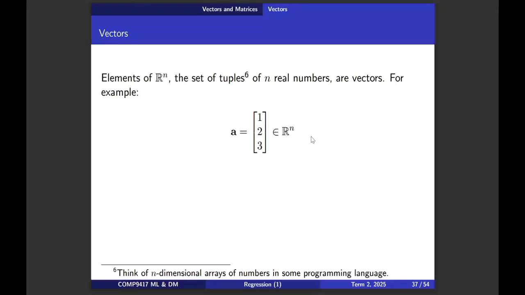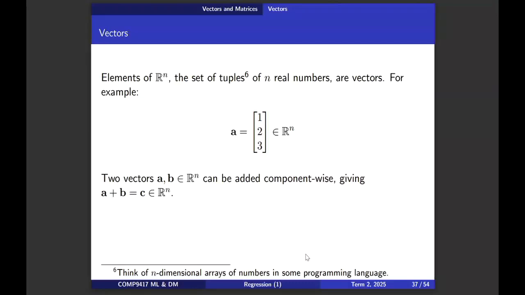So this is supposed to be a bold a, little a, and this is the column vector, and it's got 3 components. So the vector comes from the space of all 3-vectors whose components are real numbers. If you're not familiar with this stuff, just think about it as an array in a programming language, right? So the order is important. That's the key thing.